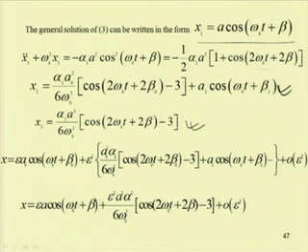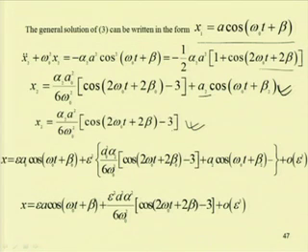For this part one can write the solution to be alpha 2 A0 square by 6 omega 0 square into cos(2 omega 0 t plus 2 beta 0) minus 3, plus for the other part it can be written plus A2 cos(omega 0 t plus beta 2). Instead of writing these constants A0, A2, beta 2, one can follow the other procedure and directly write x2 equal to alpha 2 A square by 6 omega 0 square into cos(2 omega 0 t plus 2 beta) minus 3.